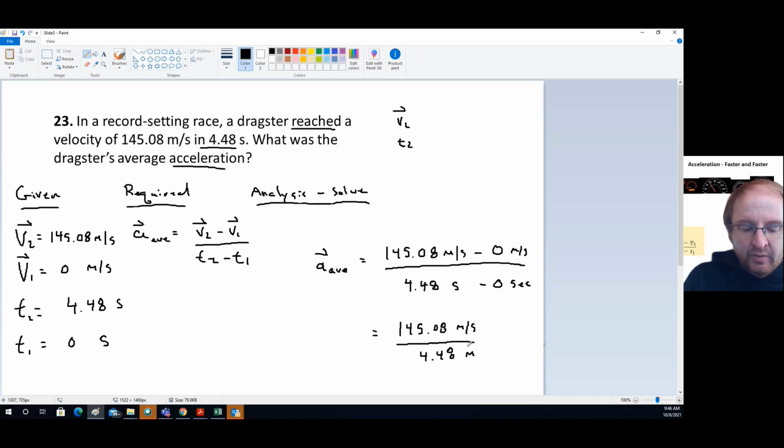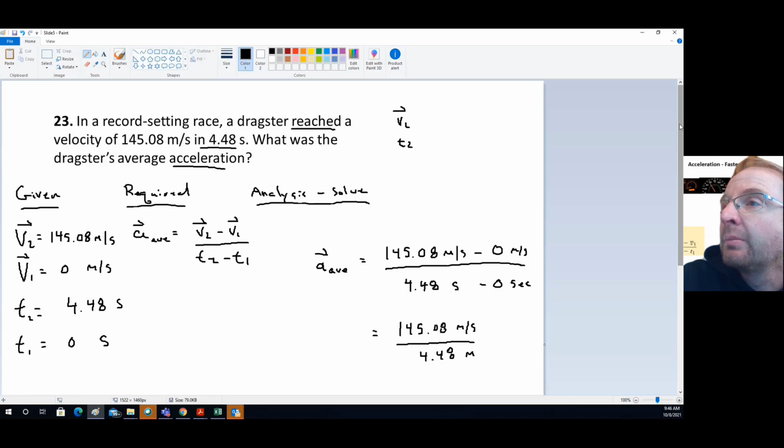Always clear your calculator lots. 145.08 divided by 4.48. I can do it. Yes, I can. It's pretty big here. It should come down to 32.38.